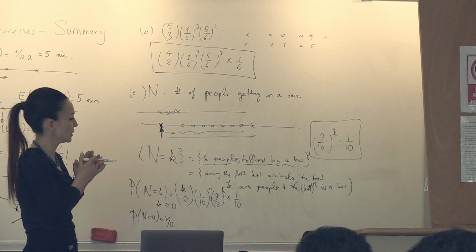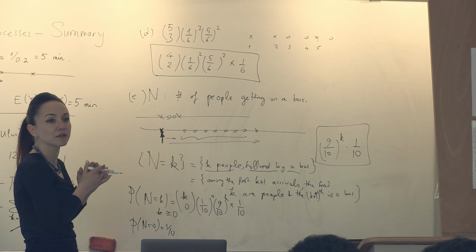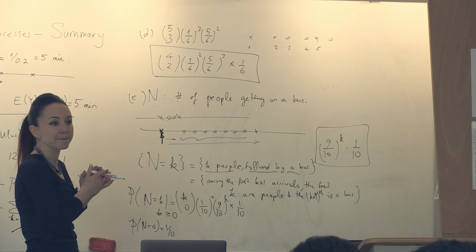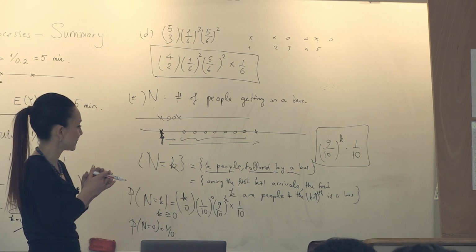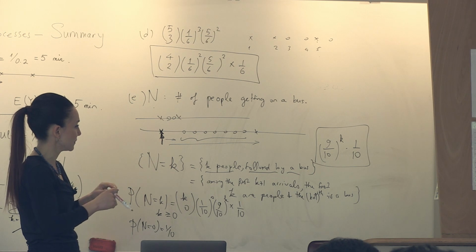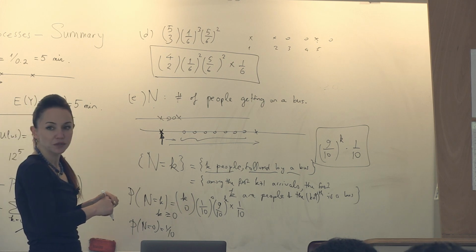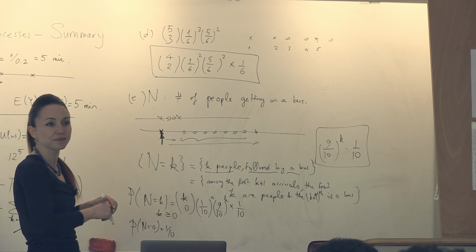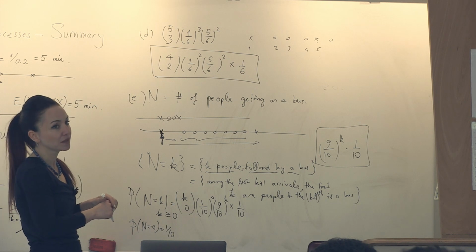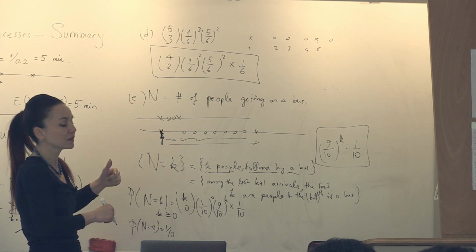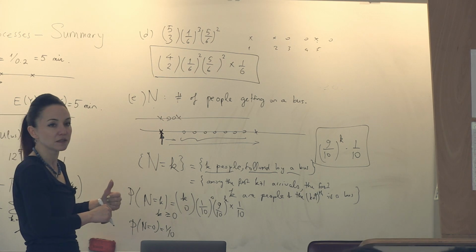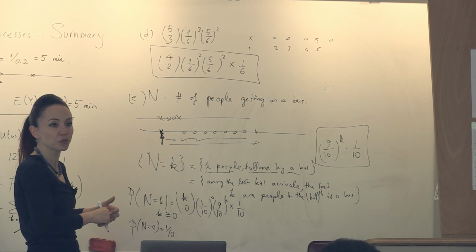Is it 10 or is it 9? Now, is this a geometric distribution with parameter 1 over 10? Not really, because it's 1 less than the geometric distribution.